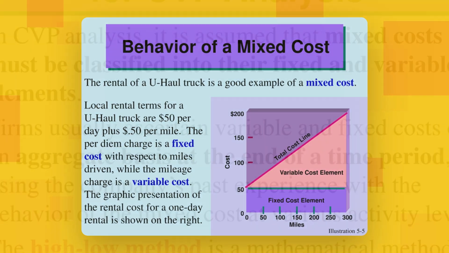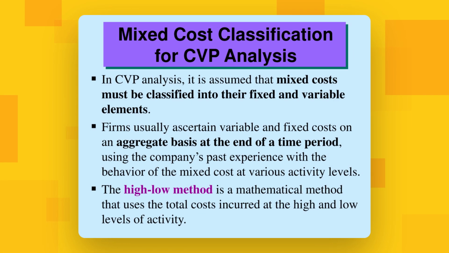Alright. Again, we will discuss the CVP analysis in the next video. Alright? But ano bang ibig sabihin? What would be the classifications of the mixed cost in your CVP analysis? Alright. So, this would be the classifications of the CVP. Number 1. In the CVP analysis, ang sabi, it is assumed that mixed cost must be classified as fixed and variable cost.